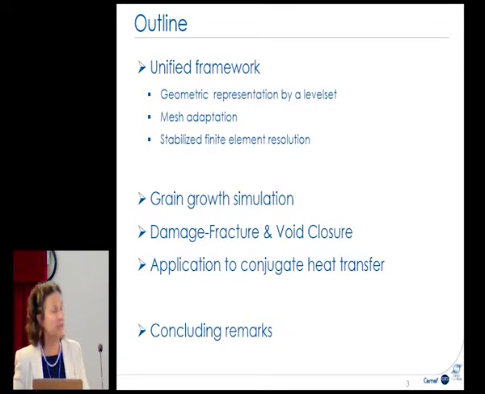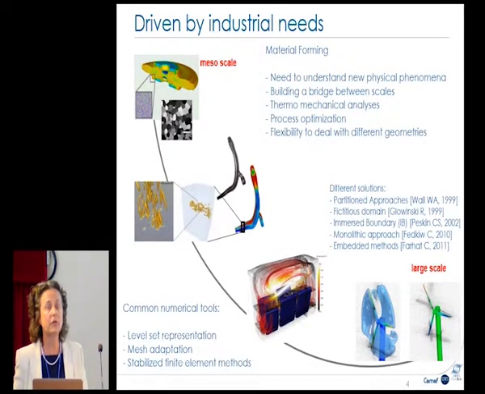So we take benefit of a large number of publications and the state of the art in our community from different famous papers and scientists here. And especially these three items: immersed boundary, embedded methods, and monolithic approach. For us, it's a very large help for our presentation.